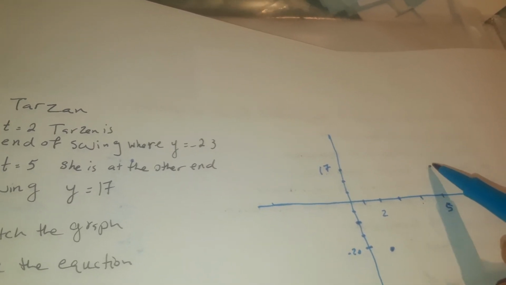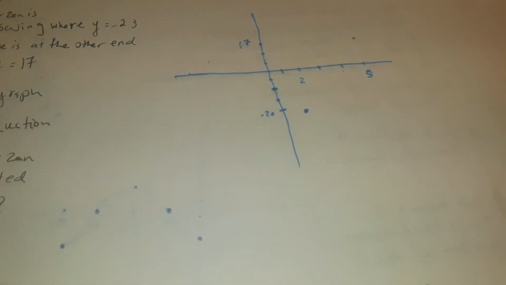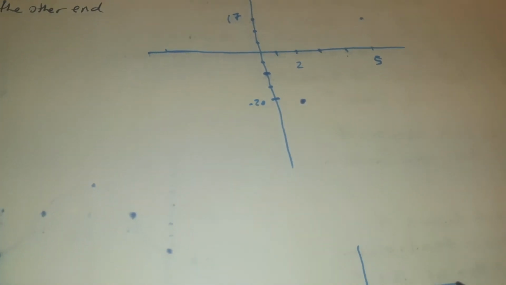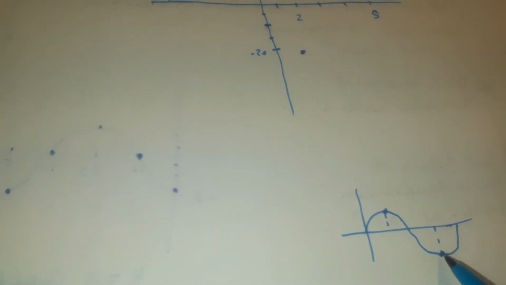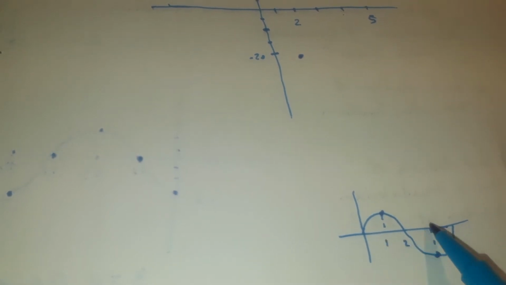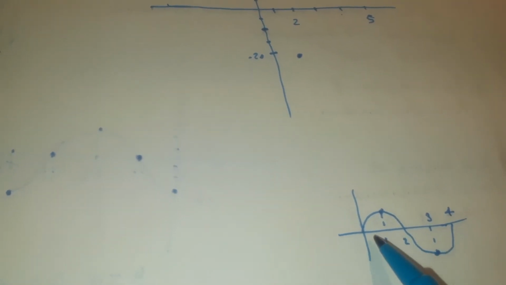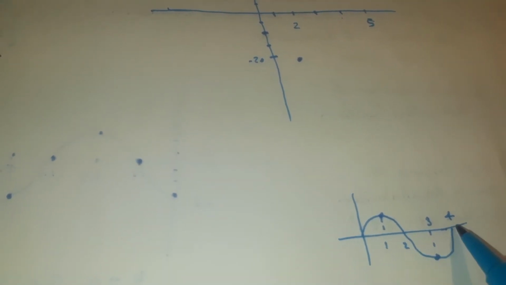Now, this is my minimum, this is my maximum, right? So a little notes here. When we have a maximum and we have a minimum, the period, if this is, let's say, 1, 2, 3, and here's 4, right? Any sinusoidal function has 4 equal parts.